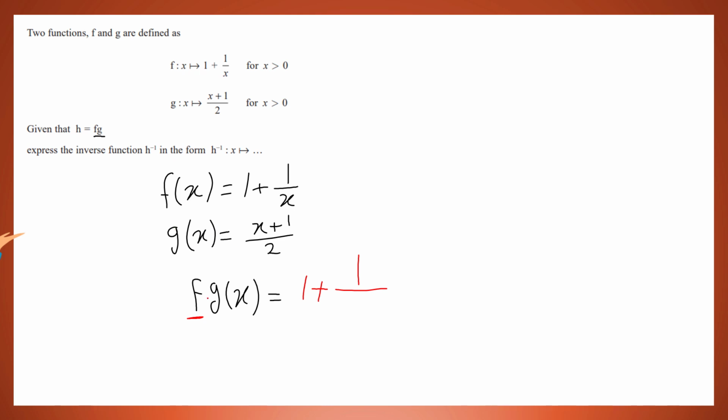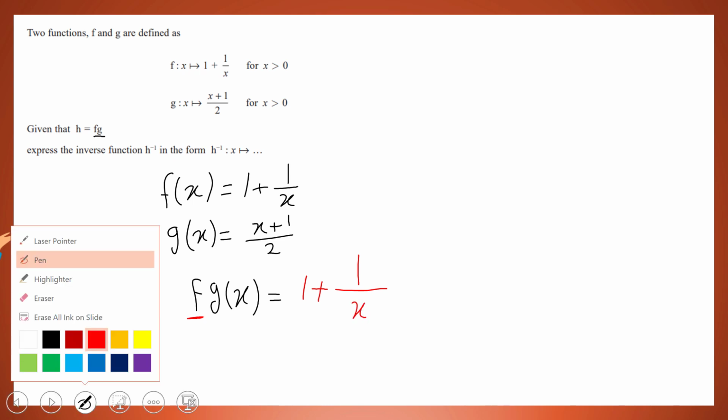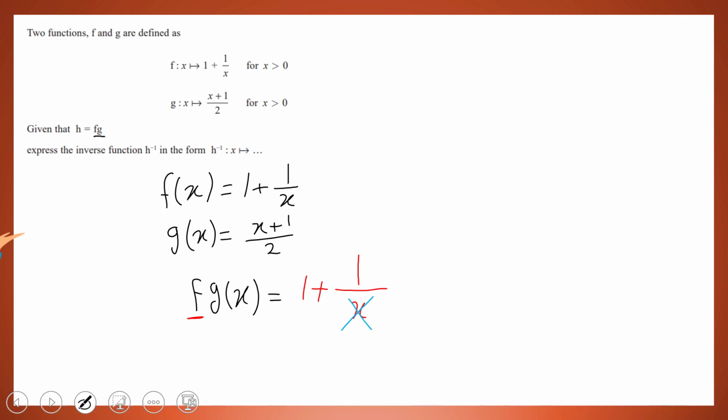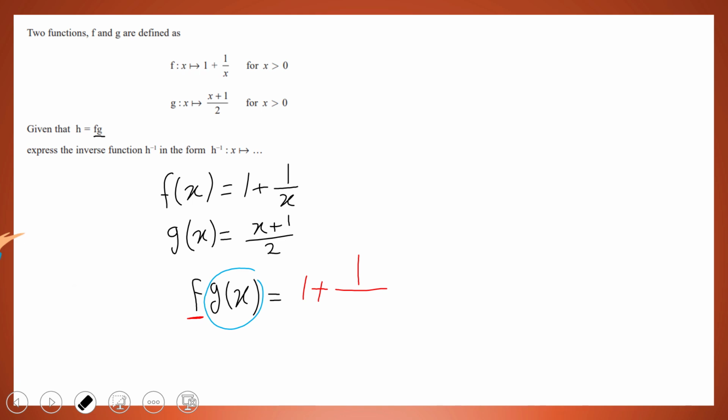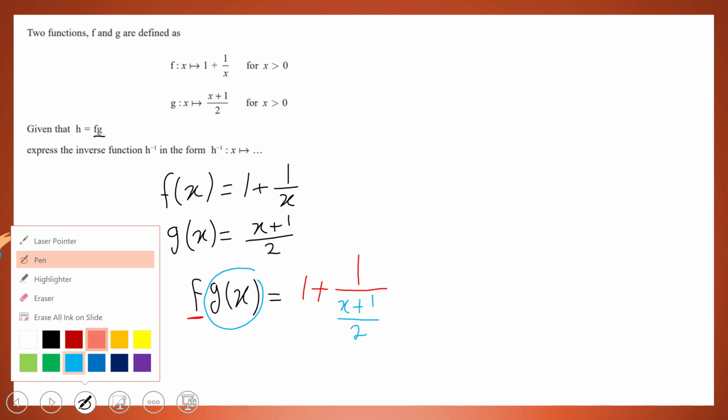Again, one more time, whenever you have a composition, look at the first letter, which is f here. So what's the function of f? Write the function of f, 1 plus 1 over x, but instead of this x, it will be replaced by the complete function of g of x, which is x plus 1 all over 2. So let's simplify.